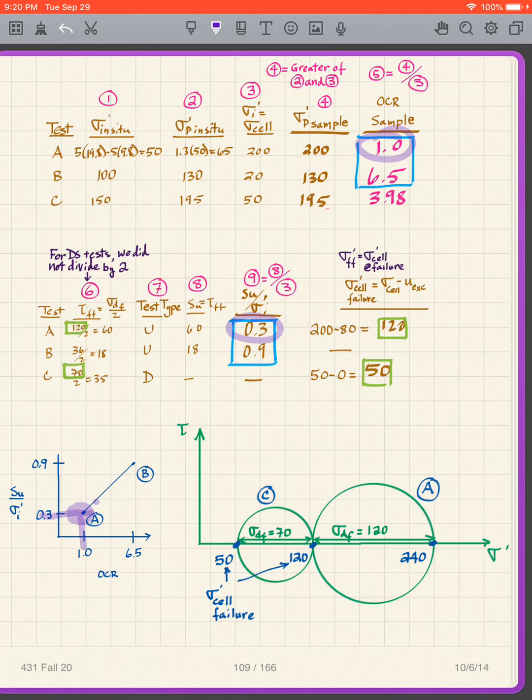There's point A. For the other one, I've got 6.5.9. That gives me point B. And then what I do is I draw a straight line between the two of them. And we will work with that straight line.